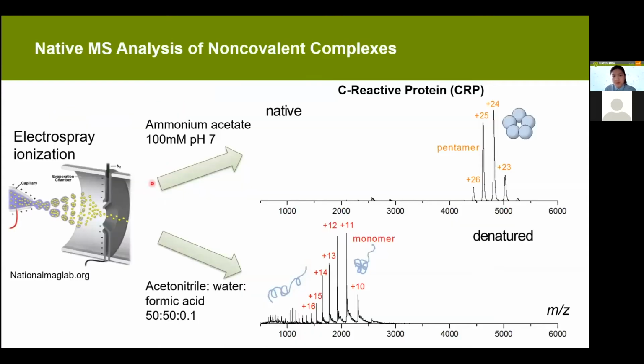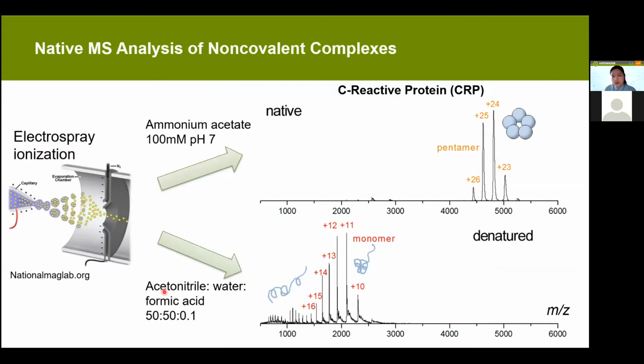And just to show you a very basic example, which you probably remember from the talks this morning, we use the same electrospray ionization for native protein analysis. The major difference is that we try to keep the protein in non-denaturing conditions.